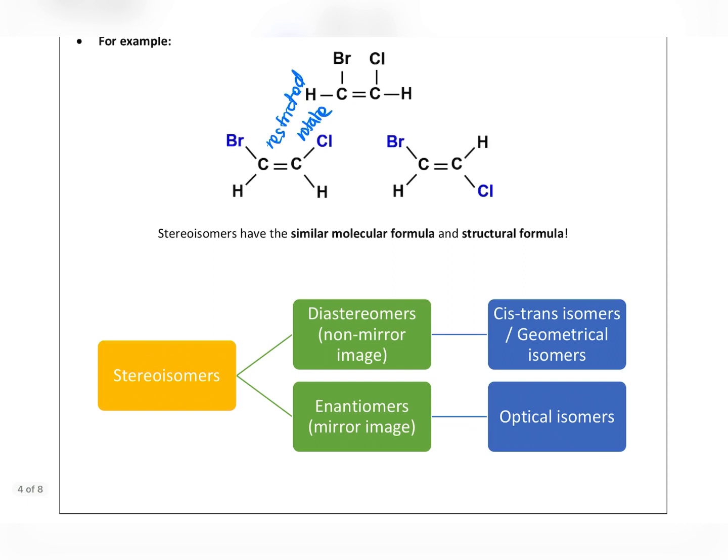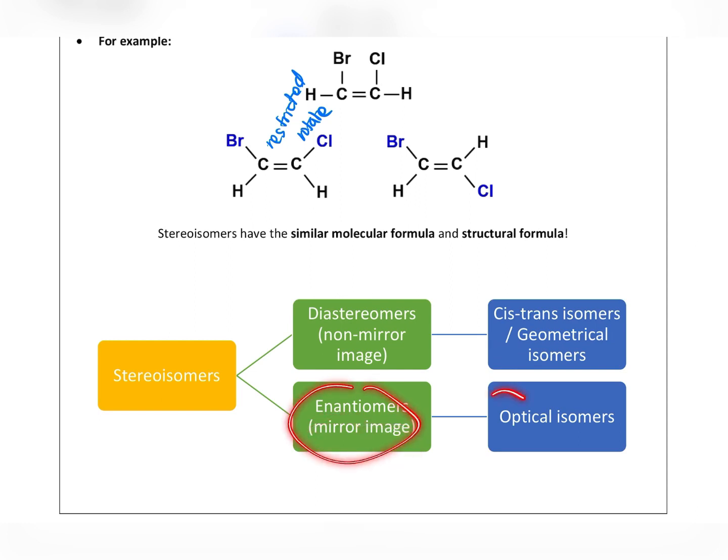Okay, and then next kita tengok this diagram. Initially kamu dah jumpa diagram yang saya cakap isomer can be divided into two, stereoisomer and constitutional isomer. So in this video we are going to learn about stereoisomer. This stereoisomer can be divided into two. Ada diastereomer dengan enantiomer. Diastereomer adalah non-mirror image. Enantiomer adalah mirror image.